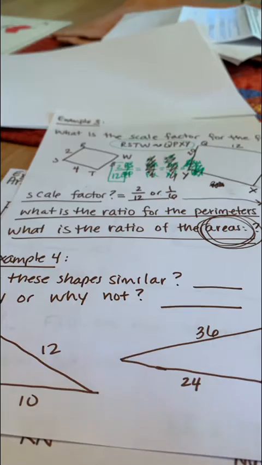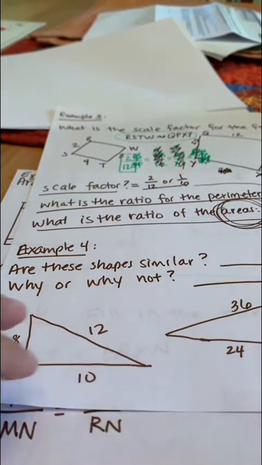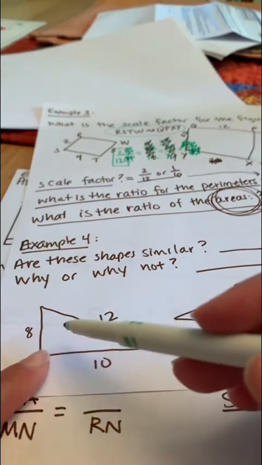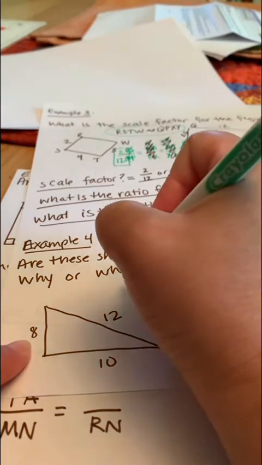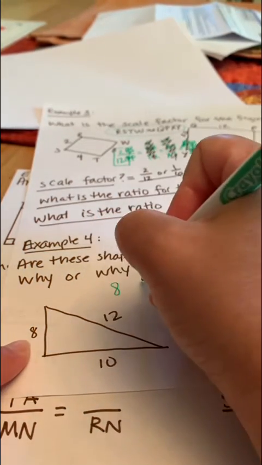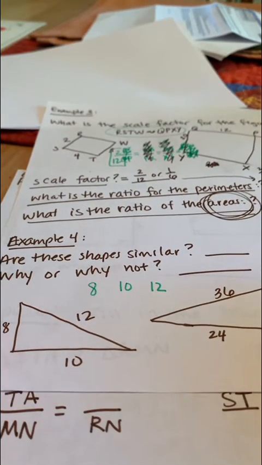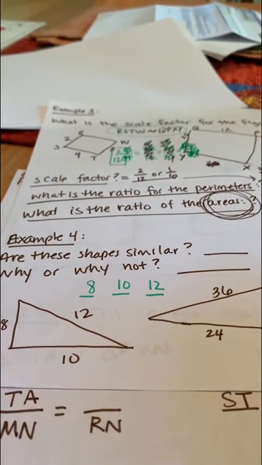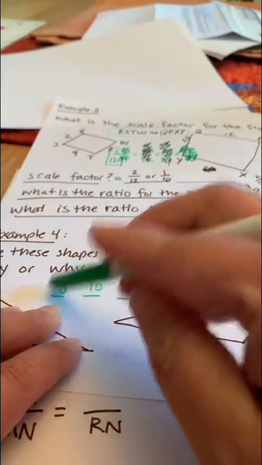All right, so last couple of things here is asking if the shapes are similar. So now you see you don't have the order of the letters to follow. So what you do is you start with one triangle and list the sides from smallest to largest. So just put them in a list, like 8, 10, and 12. Now we're going to put these in fractions with the other triangle, but I have to put the smallest number in this triangle under the smallest number here.